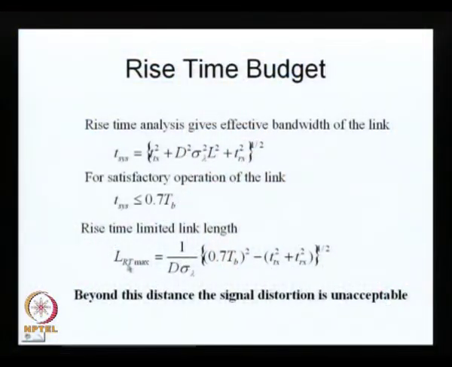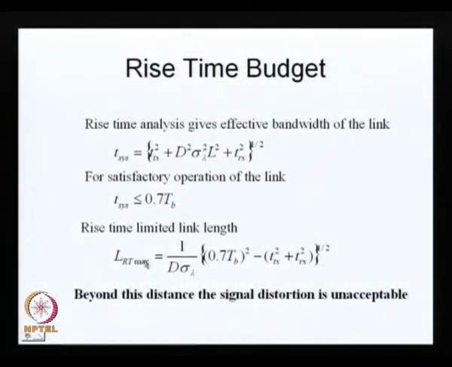Whereas, when I go to this length which is LRT, beyond this length the signal distortion becomes unacceptable and signal to noise ratio may be okay. So, in either case, whether signal to noise ratio has gone below the acceptable value or the distortion has become unbearable, we have to regenerate our data.